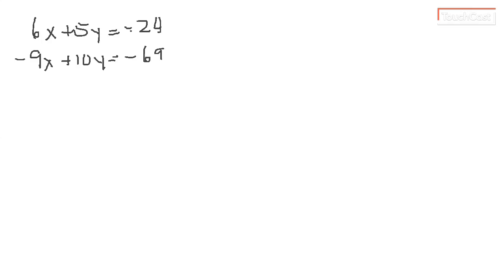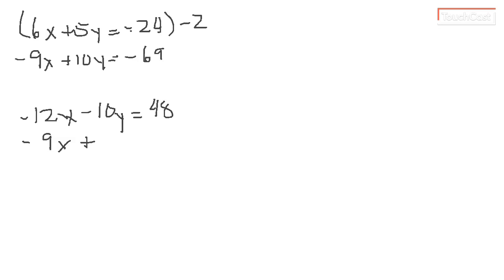Now I'm thinking I want to eliminate my y term. So to do that, I'm going to multiply the top equation by negative 2. So we're going to end up with negative 12x minus 10y equals 48. And then we're going to have negative 9x plus 10y equals negative 69.